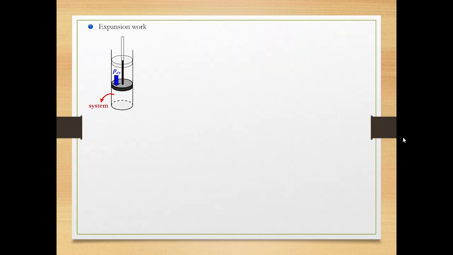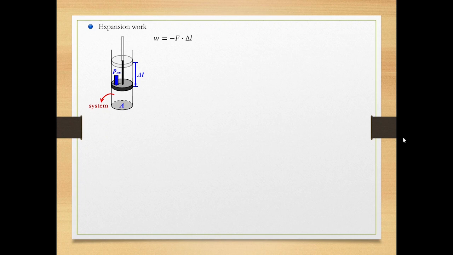The change of height of the piston is represented by delta L, and the area of the base is denoted by capital A. Remember, delta L is negative for compression, but positive for expansion. The work is defined by negative force acting on an object times the positional change of the object, delta L. Please note that the negative sign implicates the direction of energy flow.